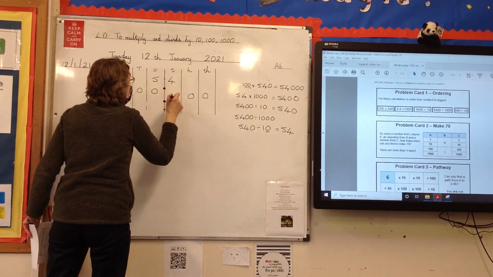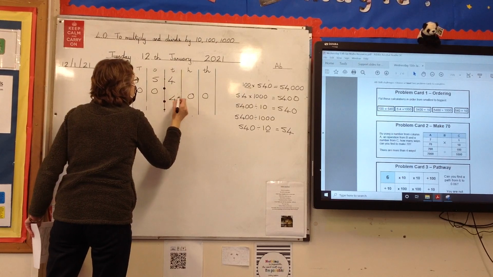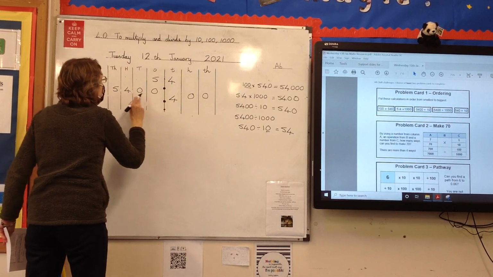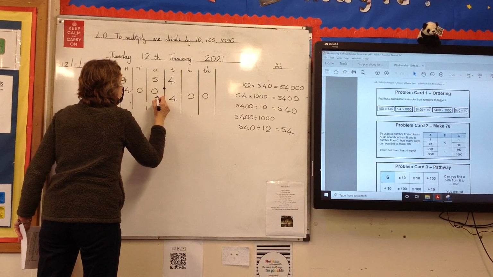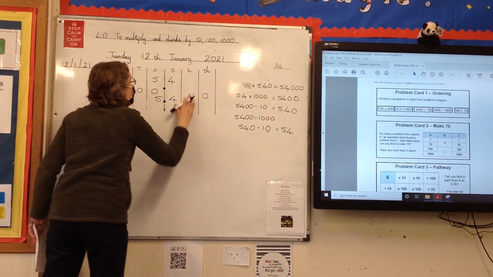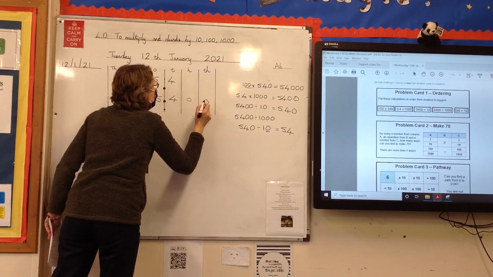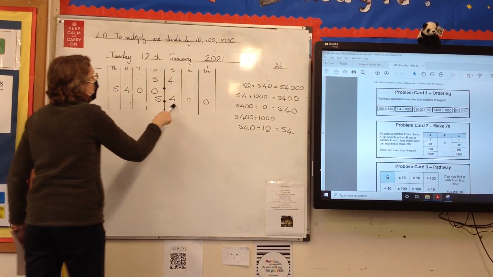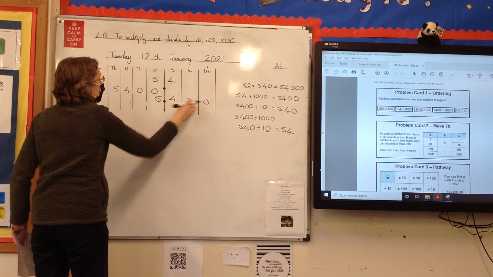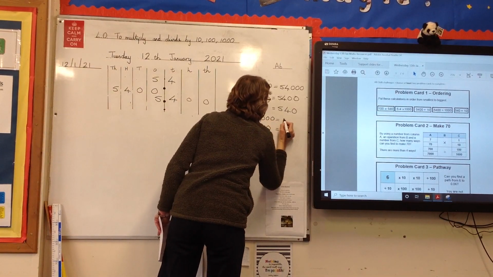Okay, I think I'm a bit wobbly with my numbers, that's better. Right, so I've now made 5.4. We don't need to worry about the 2 zeros there. I've made 5.4.